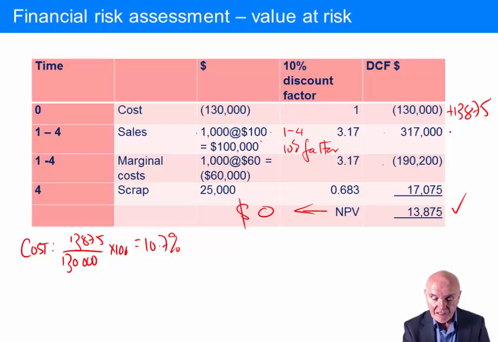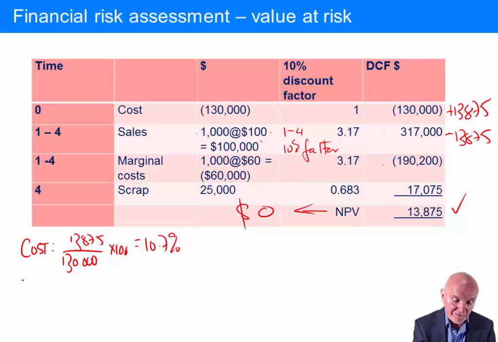If this figure here was to fall by 13,875, then again you'd be at 0. So the sensitivity to the selling price is 13,875 divided by this figure here, 317,000.